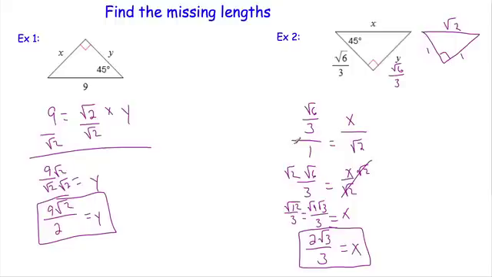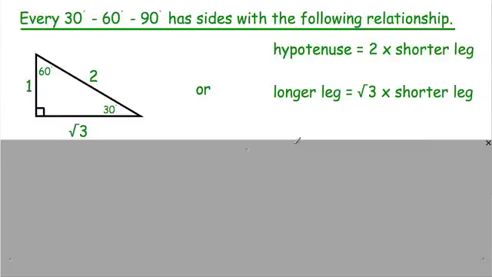Alright? So 45, 45, 90 triangles, that's the big one. 1, 1, radical 2. The next one is 30, 60, 90 triangles. And it has sides with the following. Across from the smallest side, 30, is a 1. Across from 60 is radical 3, and this is actually square root of 3 is 1.7-ish.